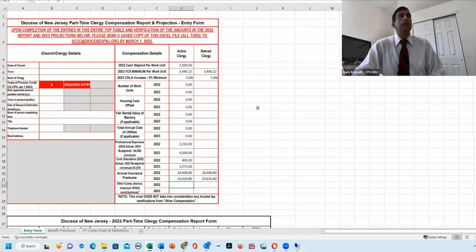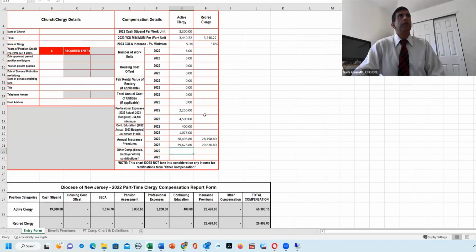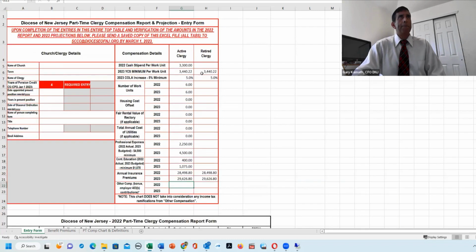So if it's a retired clergy, like we said, some of the pension amount and other things will change because there is no pension amount. So I'll do the same example for the retired clergy.